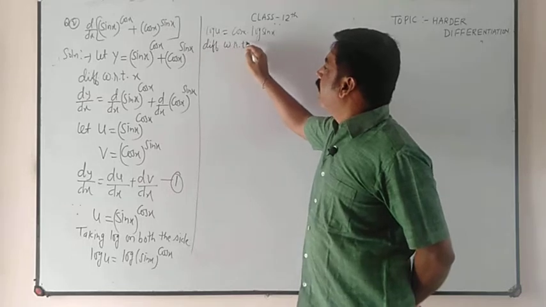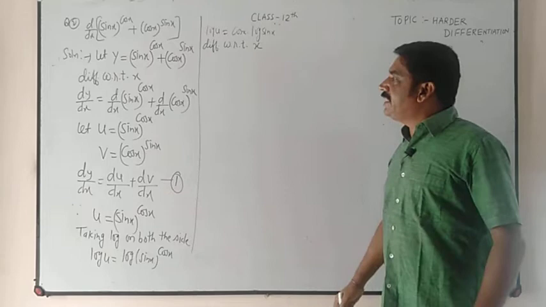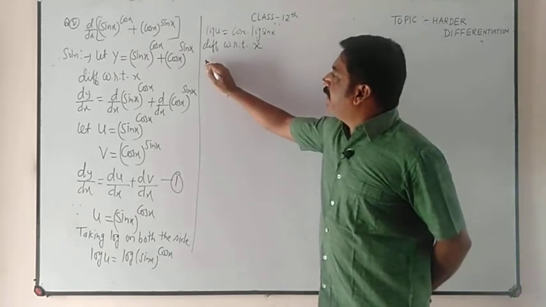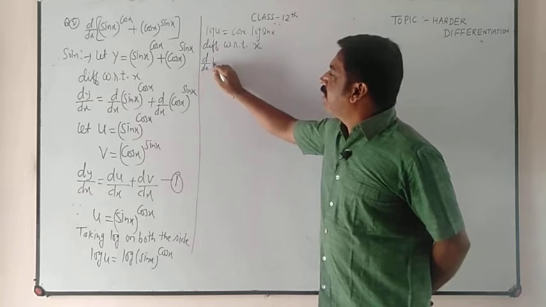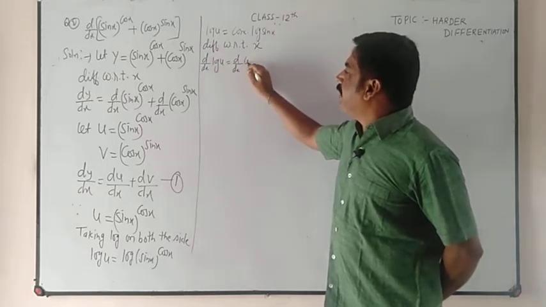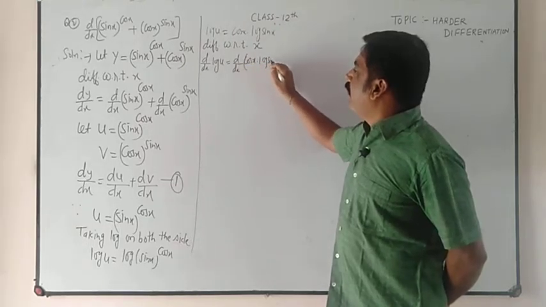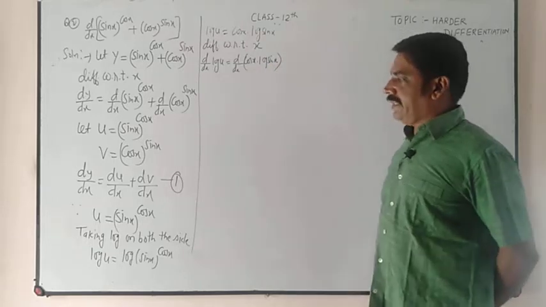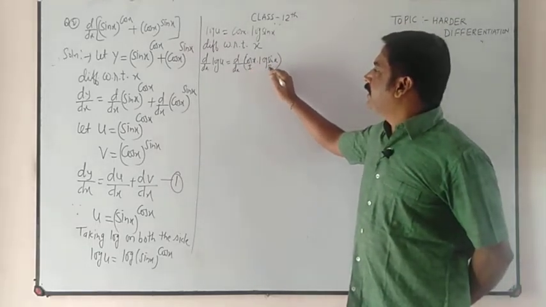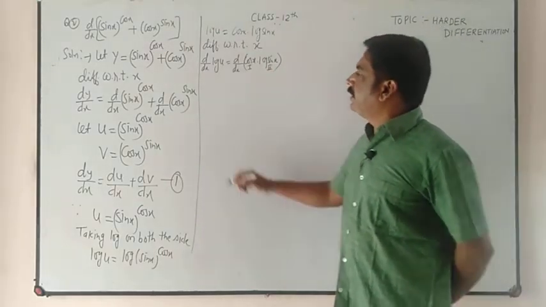Now differentiation with respect to x. So differentiate d by dx of log u equals d by dx of cos x into log of sin x. Now cos x is the first function, log sin x is the second function.